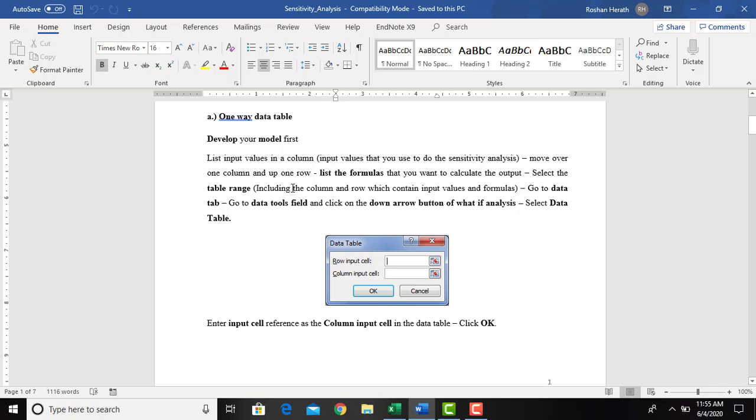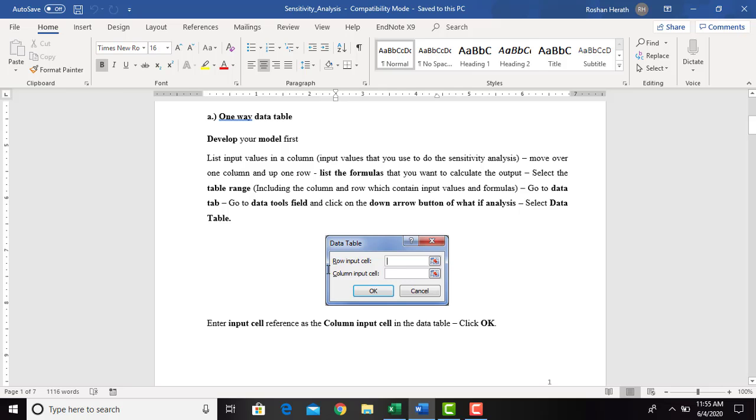The most important aspect is the development of the model and the structure. Then thereafter, you go to the Data tab, and then to the data tools area. In that, you take the data table. So let's do this referring to a particular example.